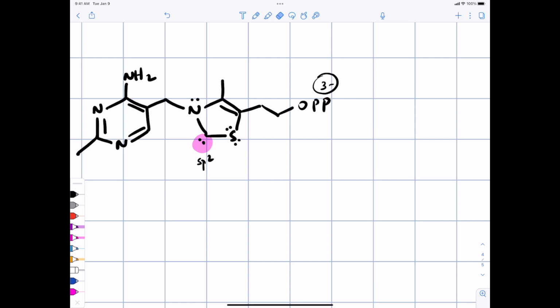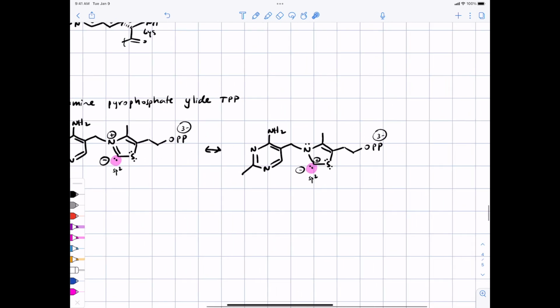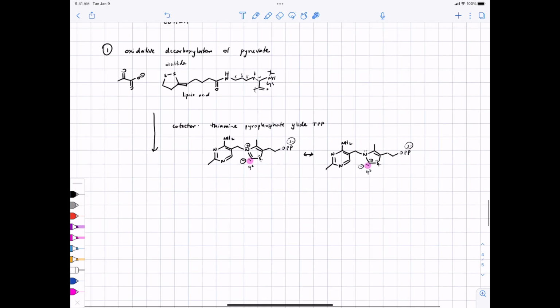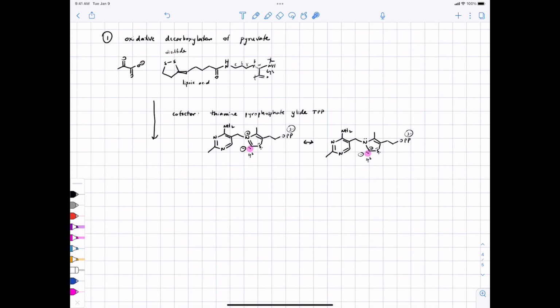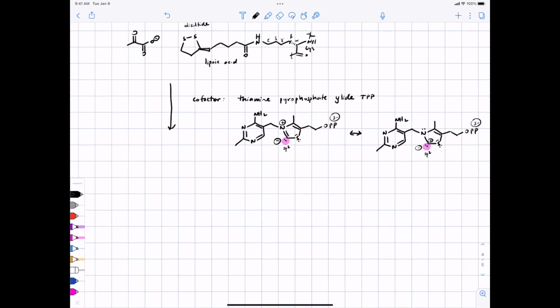It's called a carbene. Molecules like this that have a nitrogen adjacent to this carbon are sometimes called N-heterocyclic carbenes. I'm going to keep the charges because that helps me remember that this carbon is a nucleophile in an sp2 orbital and an electrophile in a p orbital. That's going to be important for what thiamine does, and I am going to show you that mechanism.